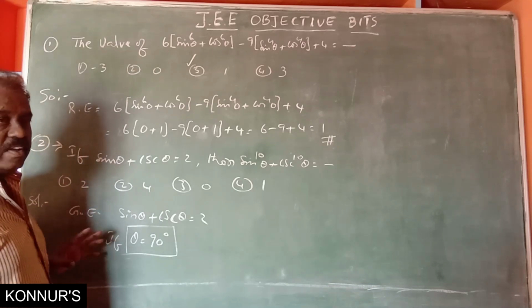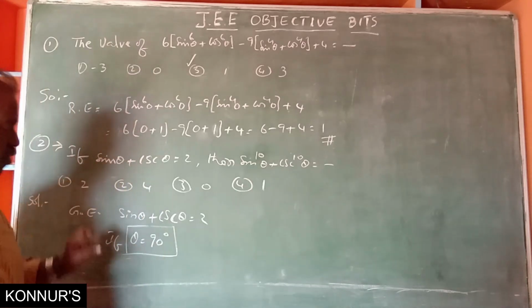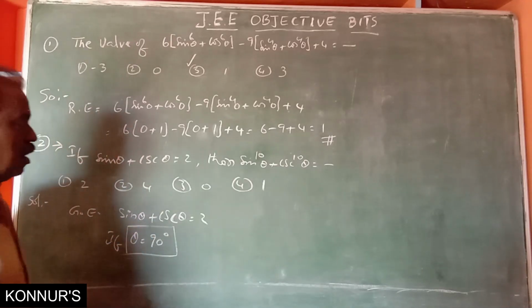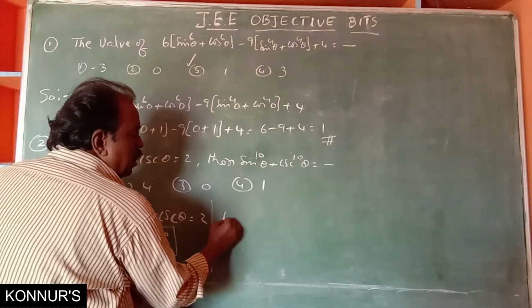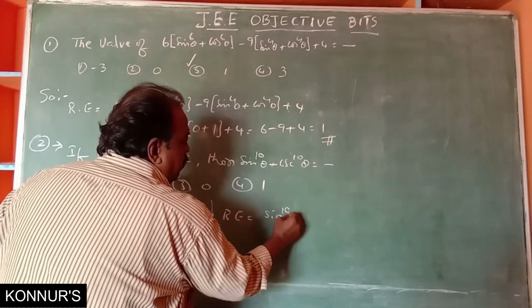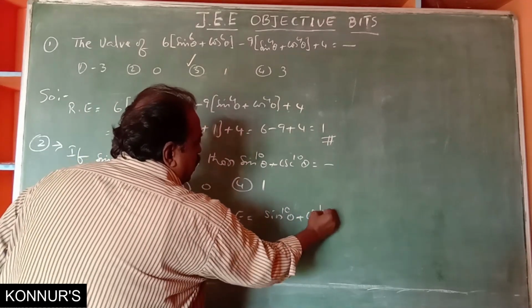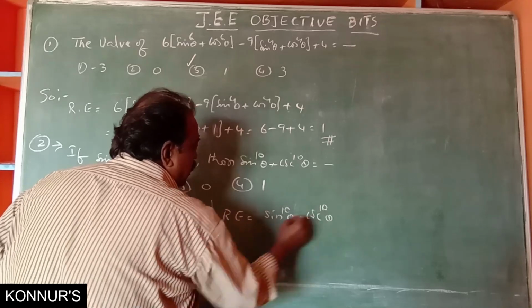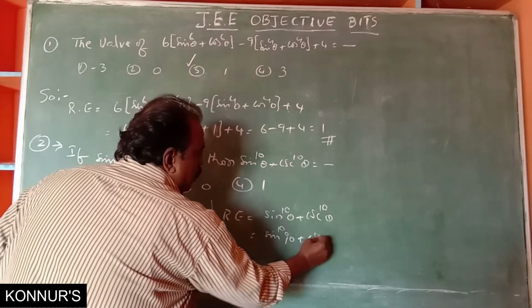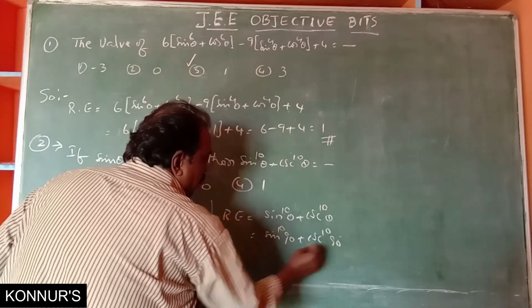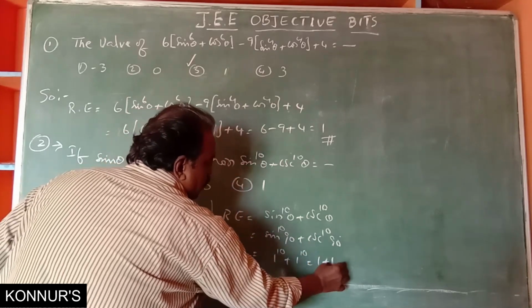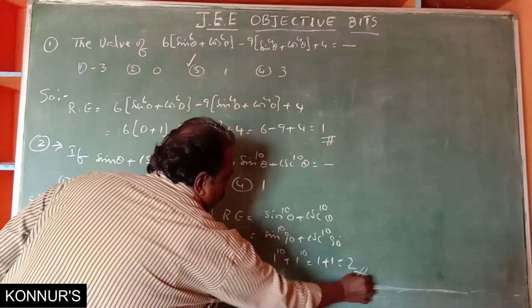It is suitable. Now in the required expression, sin power 10 theta plus cosecant power 10 theta becomes sin power 10 90 degrees plus cosecant power 10 90 degrees, that is 1 power 10 plus 1 power 10, 1 plus 1 is equal to 2.